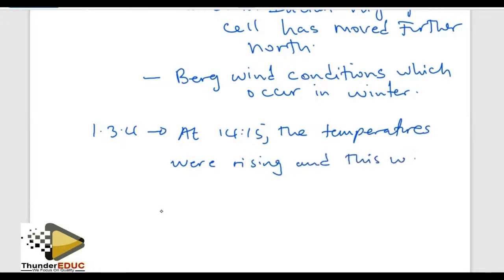And this was due to the incoming hot winds.